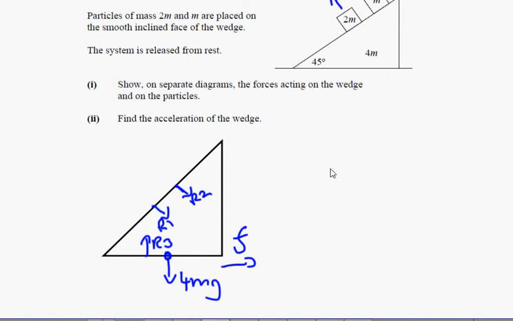Upon completion of that, you're going to be on the m particle, or sorry, the 2m. Now, the 2m particle has R1 going up. We're going to call its acceleration A, going across, and then we have its weight.